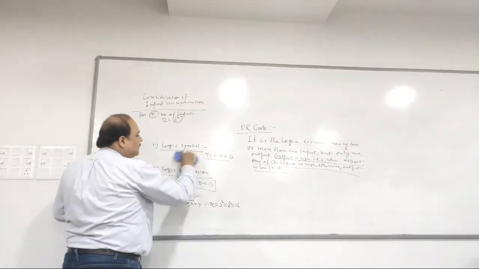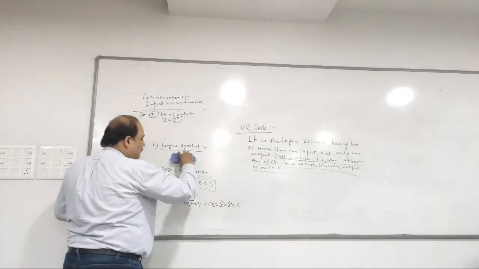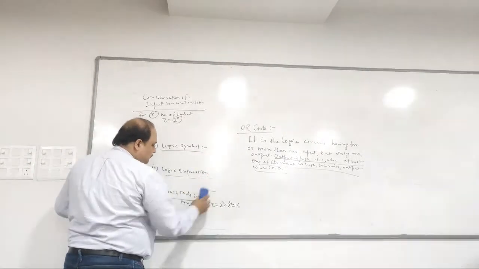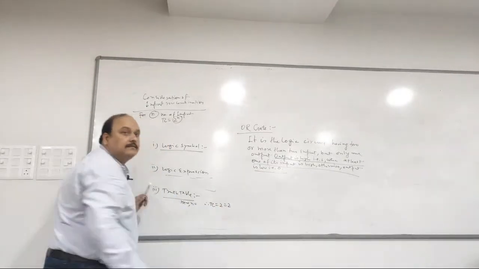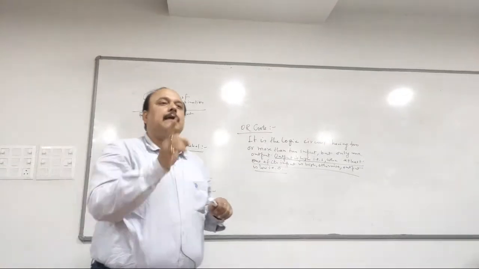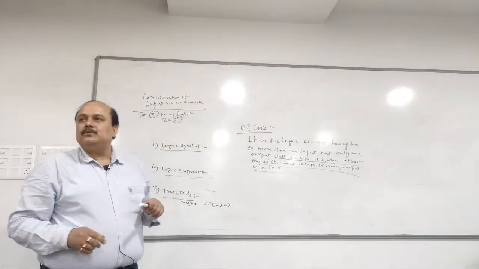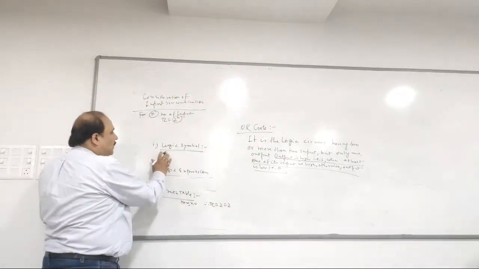Now we are considering here only two inputs. Here the plus symbol is used for the OR gate, A plus B. So what is the logic symbol?